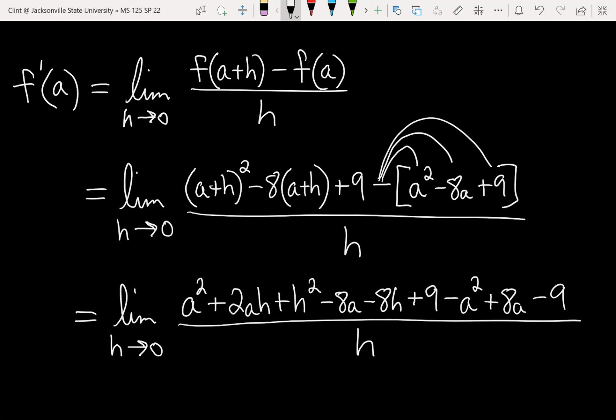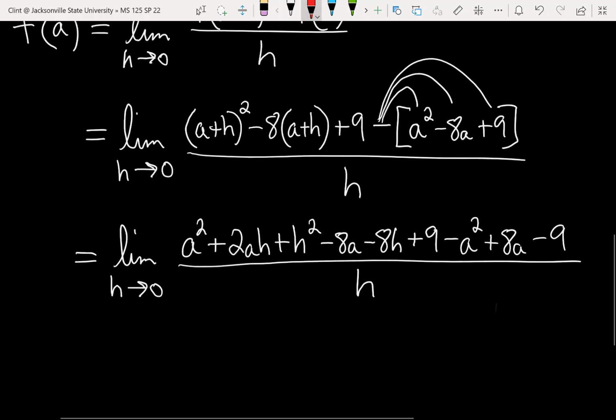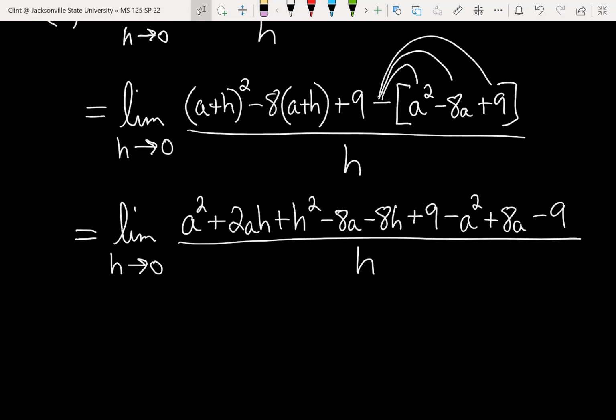So, big mess there. But it's kind of a nice mess because we get some payoff for doing all that. We get some cancellations. Do you notice anything canceling? Yeah, we've got a squared minus a squared. What else?